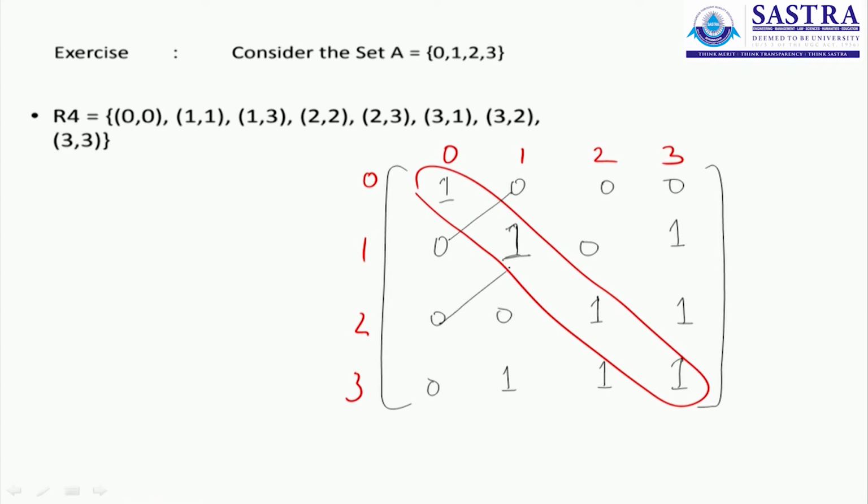Third row first column, first row third column. Fourth row first column, first row fourth column. Second row third column, third row second column. Fourth row second column, second row fourth column. And fourth row third column, third row fourth column. All these are same, and hence this matrix is symmetric by nature, and the relation is symmetric by definition.